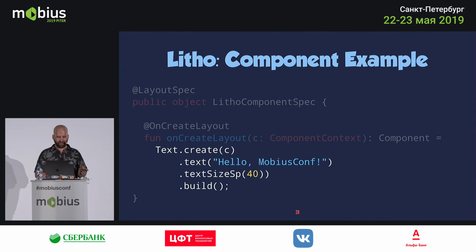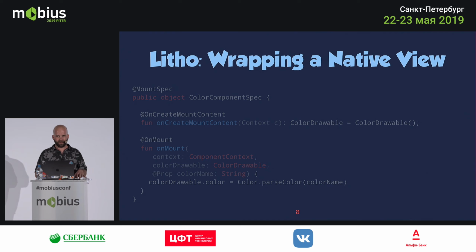But before that, this is for creating a pure Litho component using other Litho components inside. You also have the ability to bring in native views. If you have an existing app and you want to use something like Litho, this is very handy. It's a similar process, but you have a MountSpec annotation. This basically tells Litho we're going to mount some sort of native view or drawable.